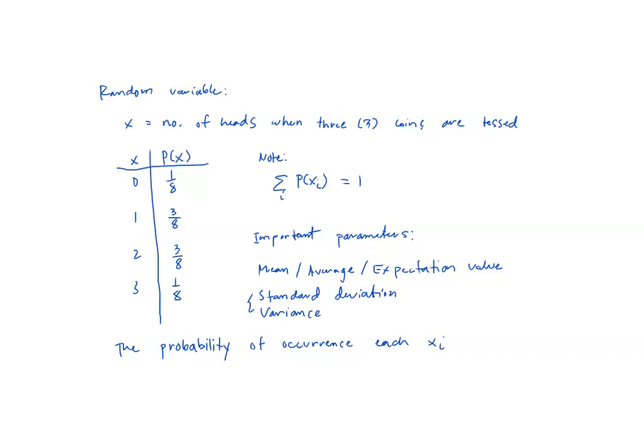Now, in order to get those probability, let's say probability of xi, so for example, ano yung probability ng 0? 1/8. Saan galing yun? We have to count the number of times na mag-occur yung variable na yan, divided by the total. Okay?